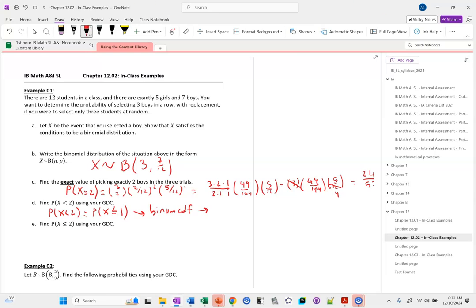Anybody want to take a stab at gunning through that on their calculator? I think you get about 0.376, if you want to check that to make sure you're doing it.